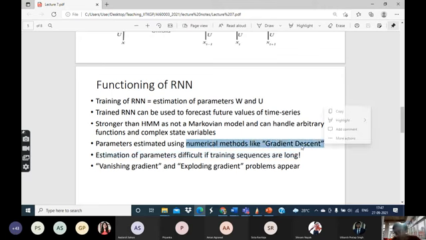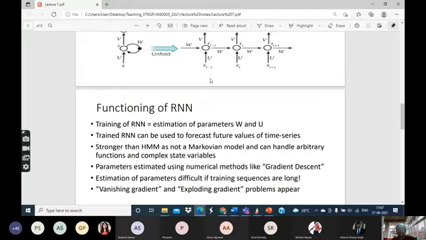I guess many of you have heard of gradient descent. It's basically a numerical optimization method. There is a loss function which is defined, and it tries to choose the parameters w, u, v, etc., so that the value of that loss function is minimized.